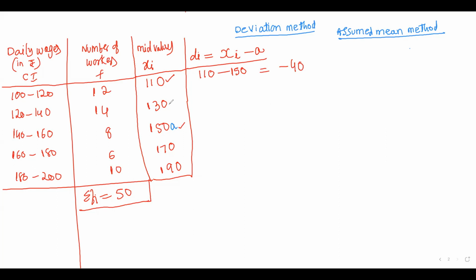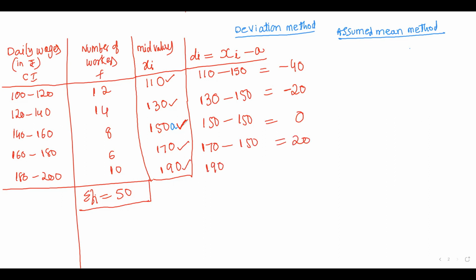Similarly, here xi is 130, A is 150, so minus 20. Here xi is 150, A is also 150, 0. Xi is 170, A is 150, 20. Xi is 190, A is 150, 40. Always remember di will be multiples of h.